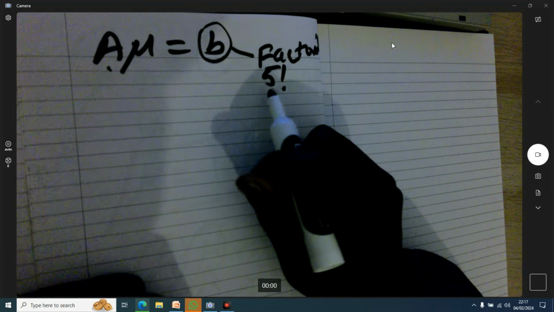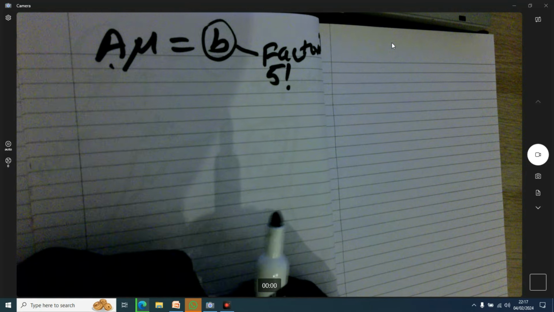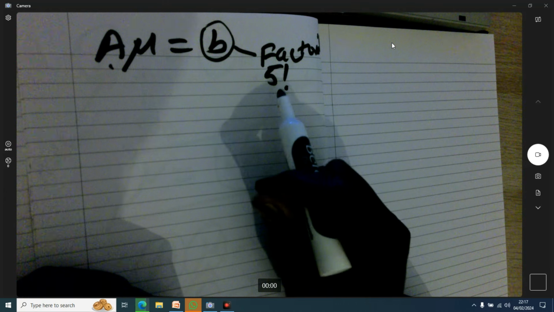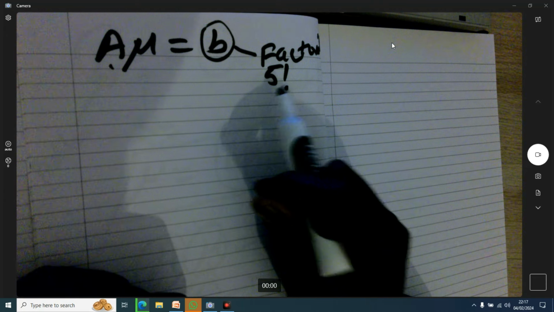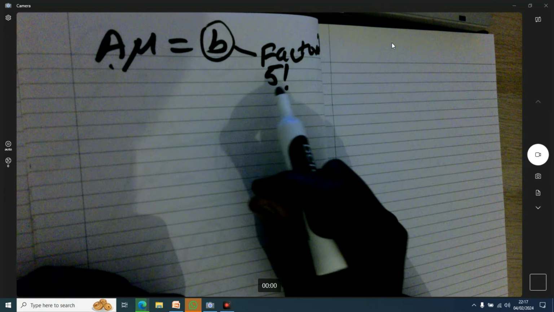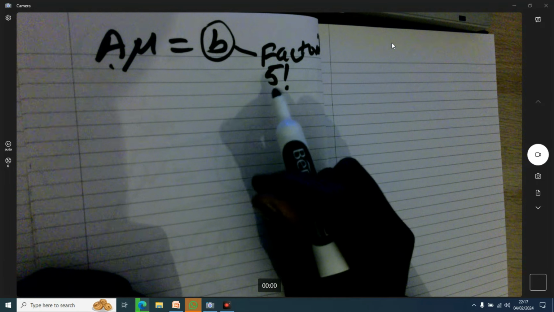So factorial is actually the product of 5 and all the numbers below 5. Does it make sense? The product of 5 and any number below 5. That is what factorial is all about.